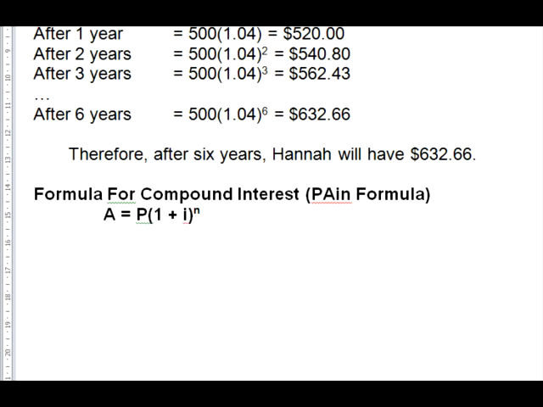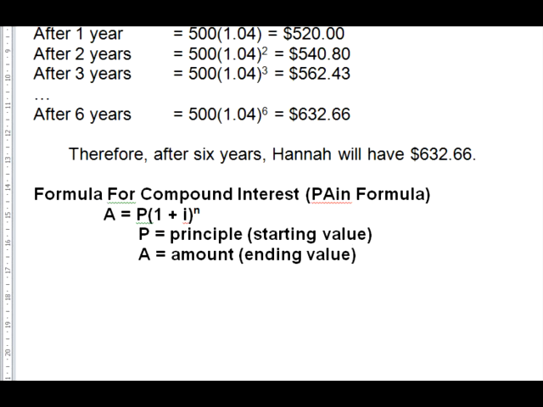Okay, and all four of these variables have values. P stands for principal, which is your starting value. Okay, so this is the starting value. So in the above equation, that would be the $500. That's how much Hannah started with in her account. A equals the amount, which is the ending value.